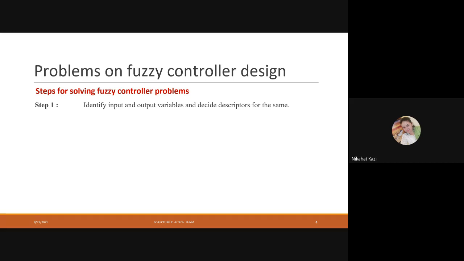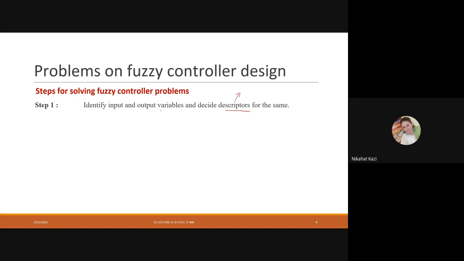First step is you have to identify the input and output variables and decide the descriptors for the same. Now what do I understand by this? Whatever are the inputs and outputs for that particular problem scenario, you have to identify them and characterize these inputs and outputs in terms of variables. At the same time, you decide the descriptors for the same. The descriptors here mean the linguistic terms, right?